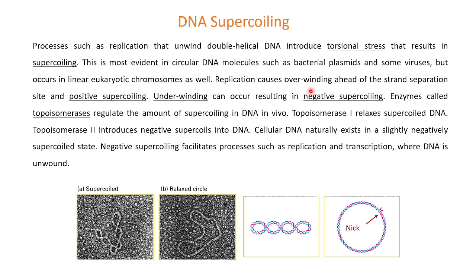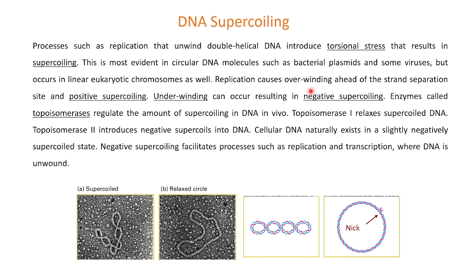So now, speaking of a very interesting term called DNA supercoiling. Processes such as replication that unwind double helical DNA introduce torsional stress that results in supercoiling. You observe this mostly in circular DNA molecules like the bacterial plasmids and some viruses, but it occurs in linear eukaryotic chromosomes as well.